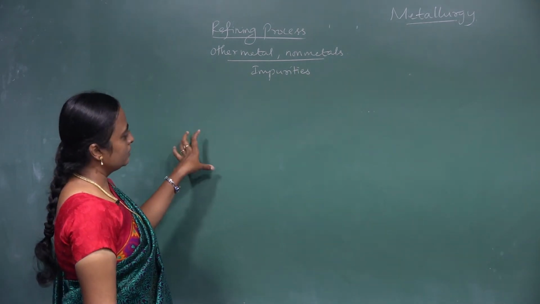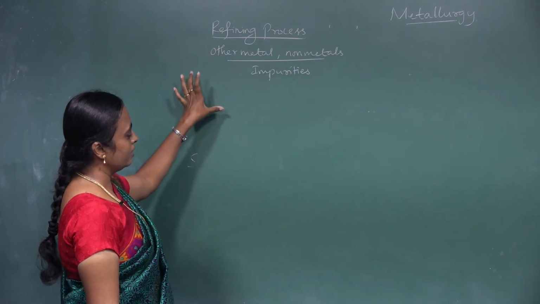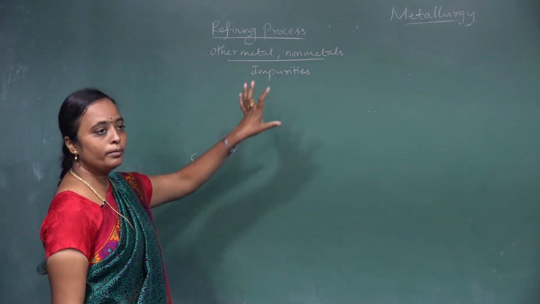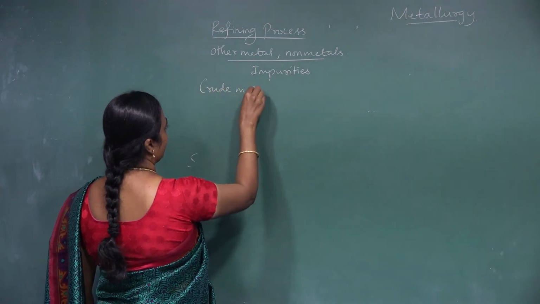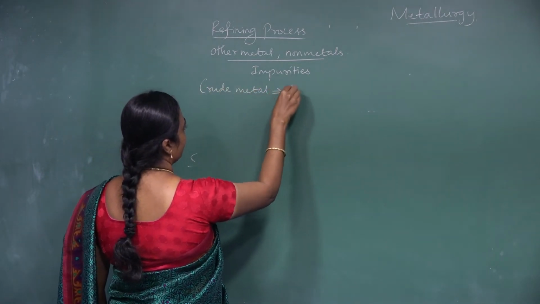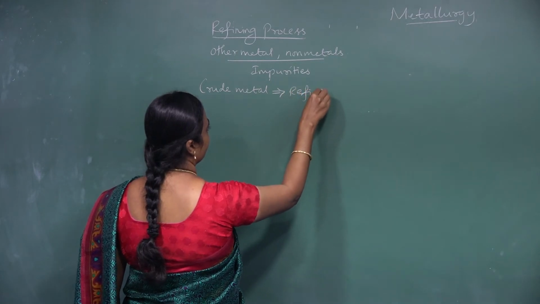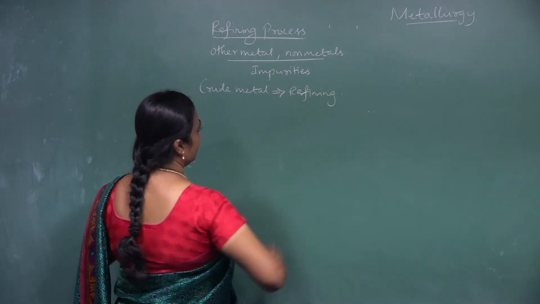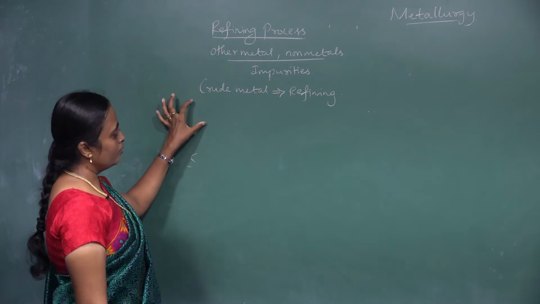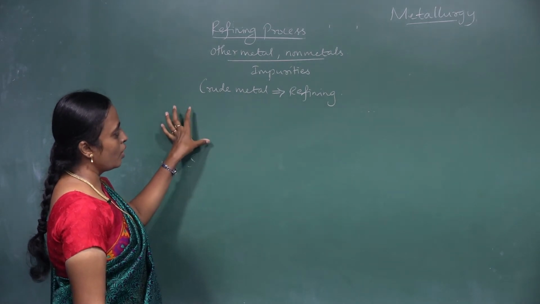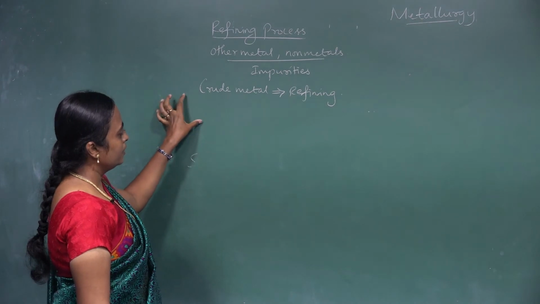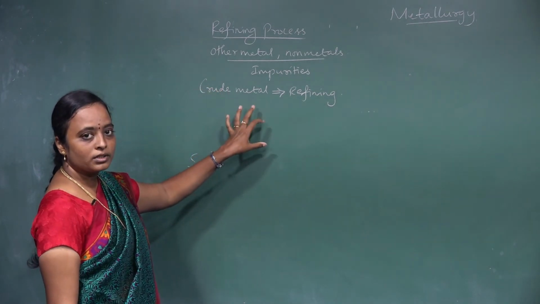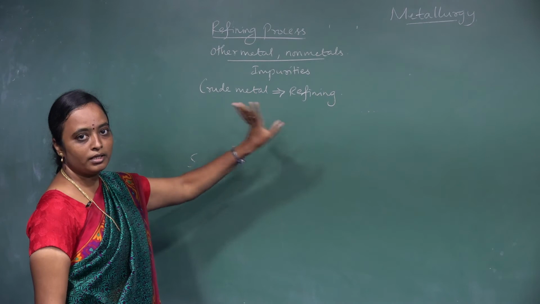So the process of removing those kinds of impurities from the crude metal, this process is called refining. The process of removing other metals, non-metals, such impurities from the crude metal is named the refining process.